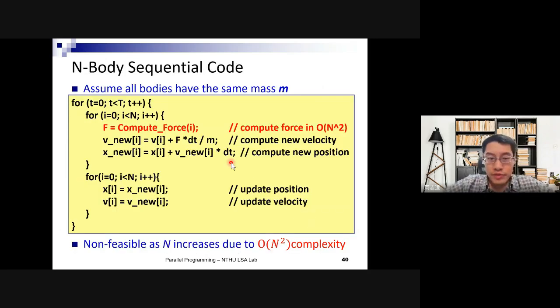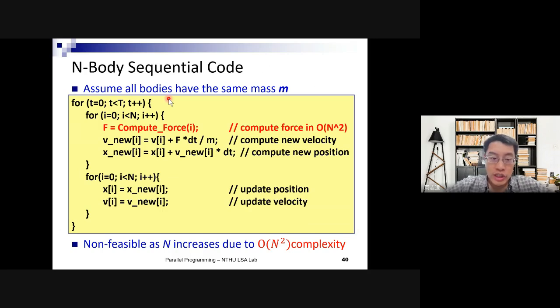So the n-body simulation, if you think of it, is not that complicated at all. Basically, we have several for loops. On the outside is the for loop over time, depending on how long we want to simulate, how many time steps we want to simulate.